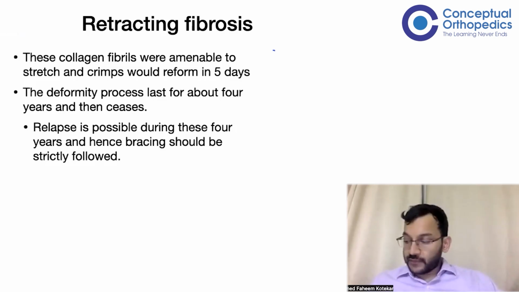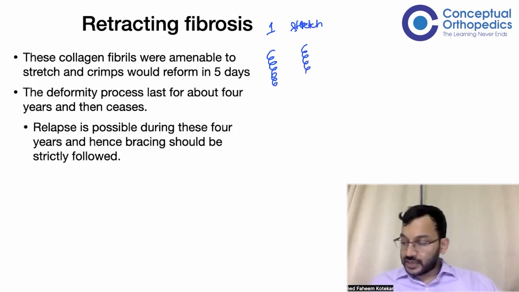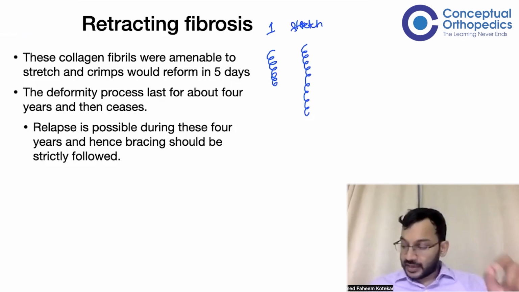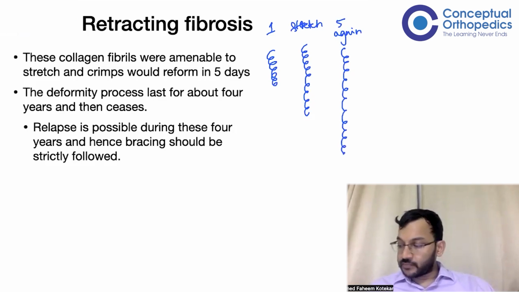So if that's how the crimps were on day 1, we stretch it. Post stretching, the crimps increase in size. However, the crimps reform between all of these structures. On day 5, we stretch it again, and on stretching it again, the crimps open up further.